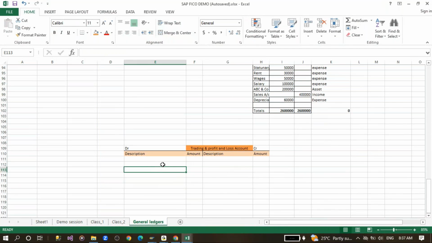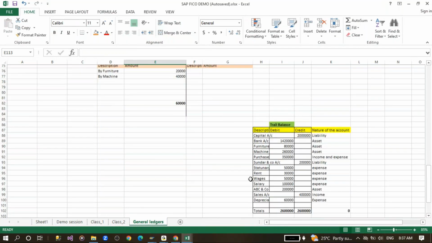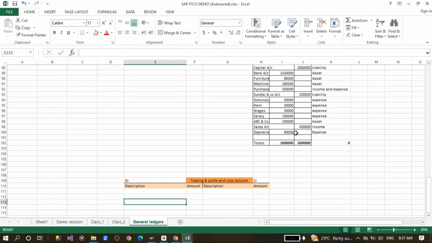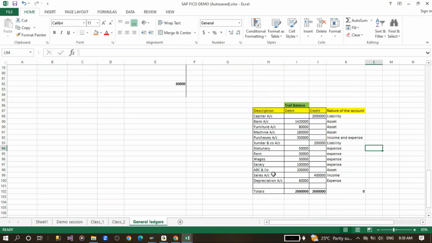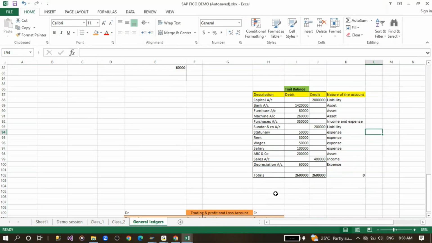Now, based on the trial balance, we'll be transferring all the incomes and expenses as per our golden rules of accounting. We'll call incomes and expenses nominal accounts. So we'll be closing all the nominal accounts and transferring the balance in figure, which is a profit or loss, to the balance sheet.